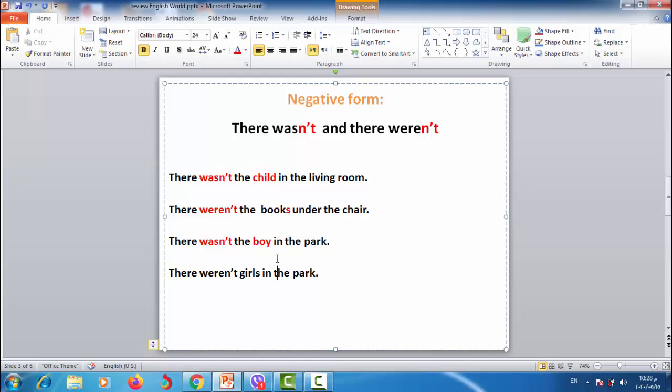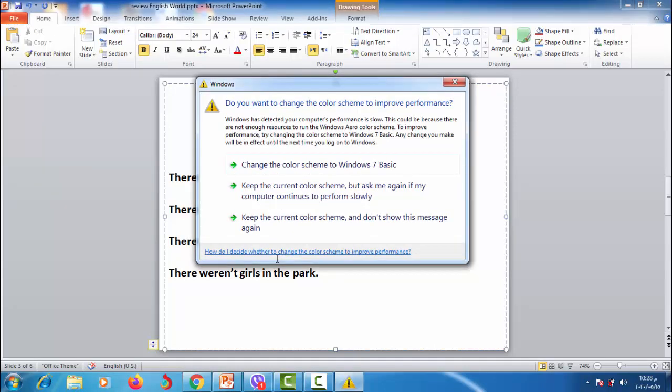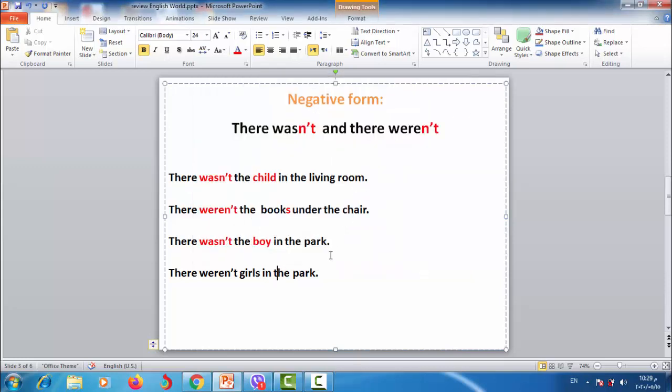If we had the plural s, then we would say there weren't. But because we don't have the plural s, you cannot say there weren't.